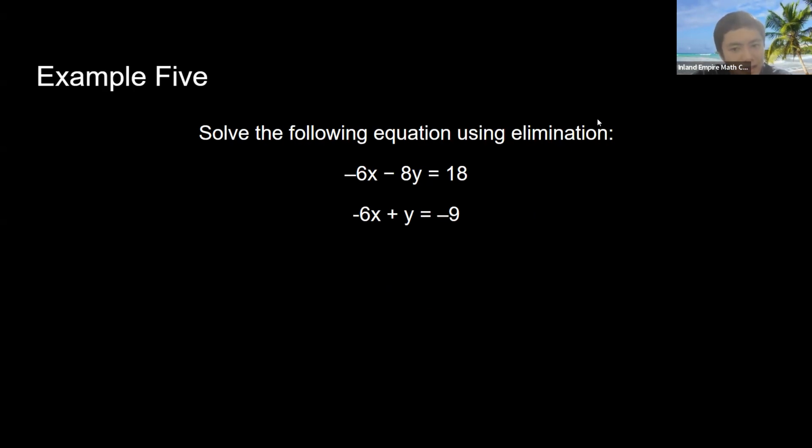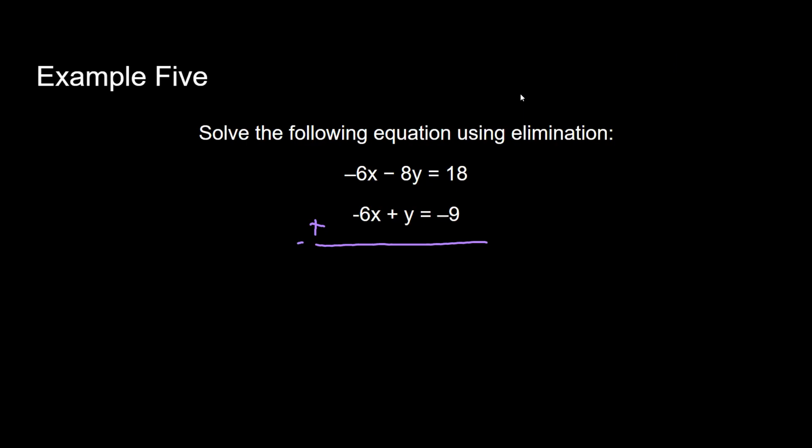Caden, do you have any ideas? Kevin says to add. Kevin, if we add, what equation would we end up with? You can go ahead and voice it out, Kevin. It's easier than typing.